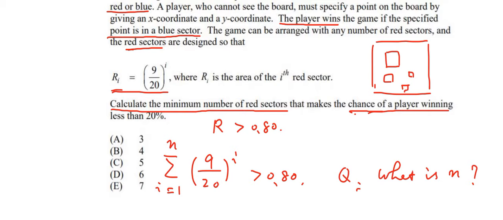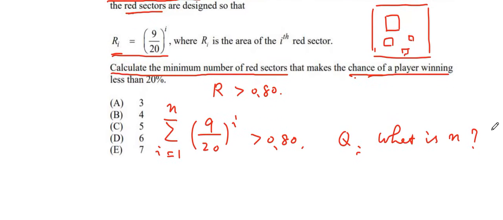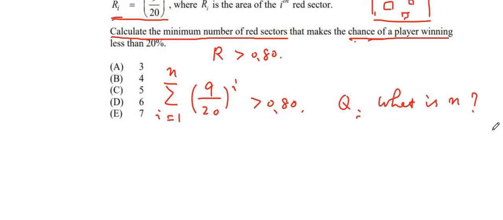For such a problem, we can add them up. This summation equals 9/20 plus 9/20 squared plus up to 9/20 to the n.